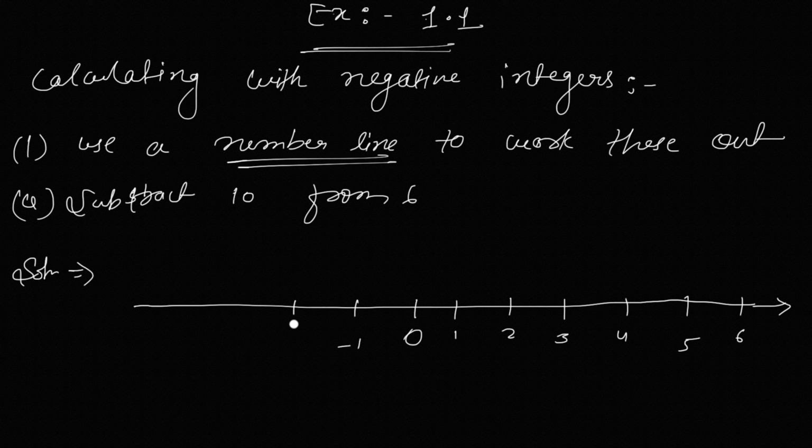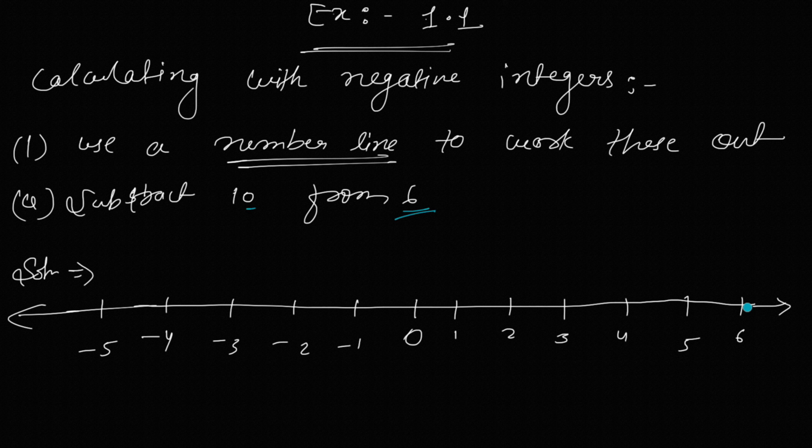And here -1, -2, -3, -4, -5, and it will go on. Now see here, we have to subtract 10 from 6. Subtraction means we have to move backwards. Subtract 1, it will give you 5, then 4.